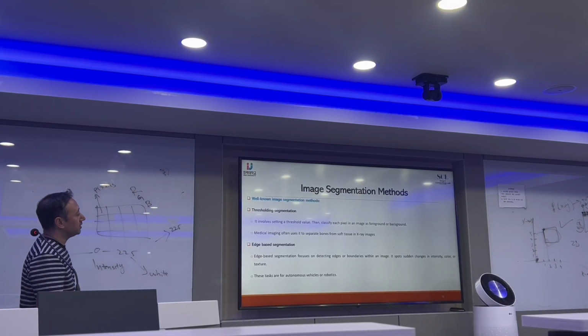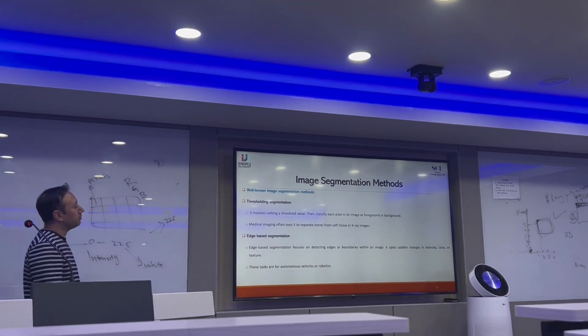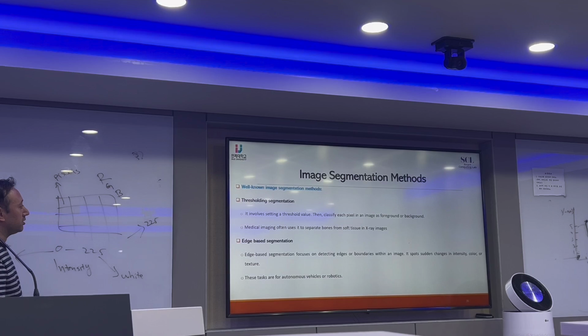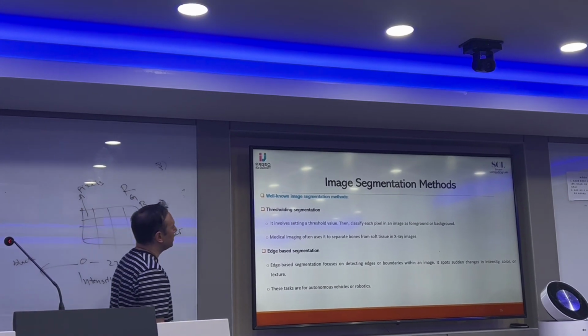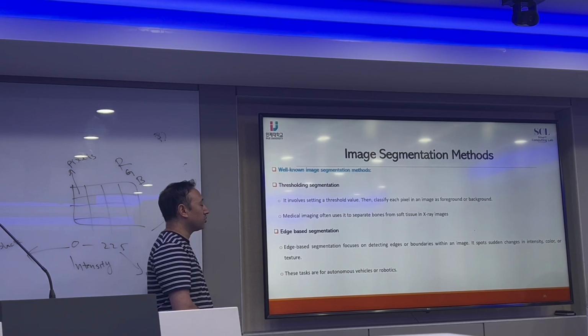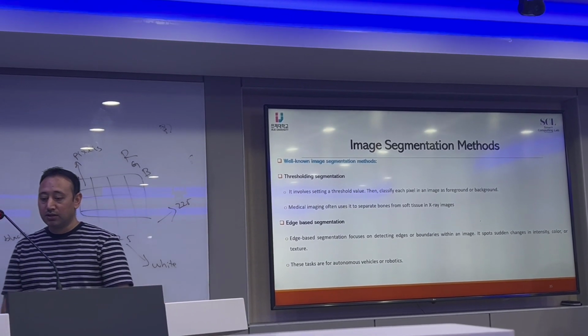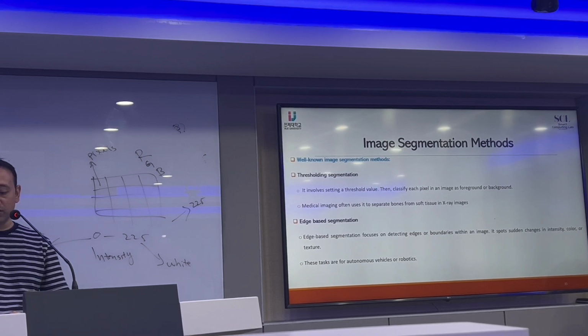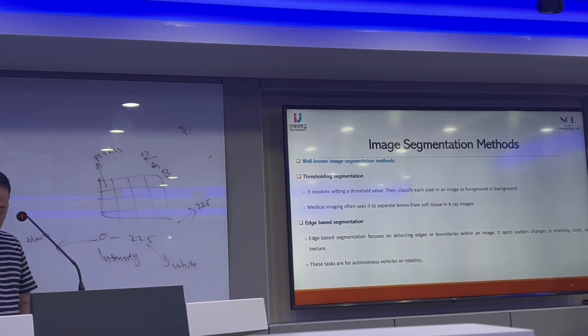Image segmentation methods. There are different methods which we use for image segmentation. One of the popular ones is thresholding segmentation. It involves setting a threshold value, then classifying each pixel in an image as foreground or background.